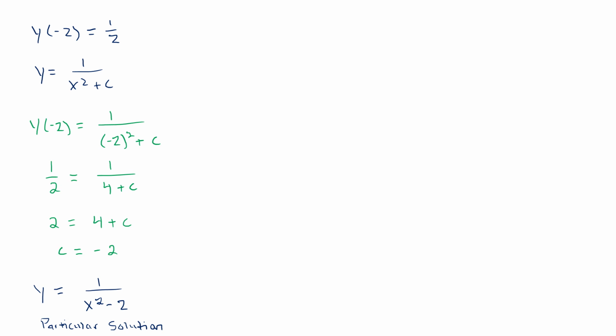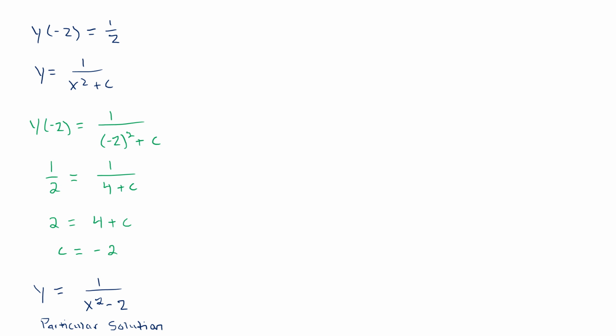Okay, all right. So now that I have my particular solution, we can find the interval over which this solution is defined. Okay, and so in order to find the interval in which this solution is defined, because it's a ratio, we can find out where it's not defined, and then we know it will exist everywhere else.